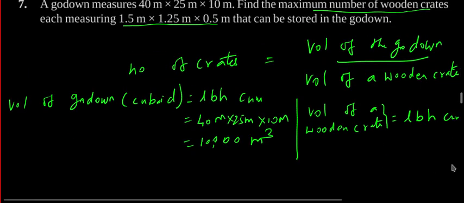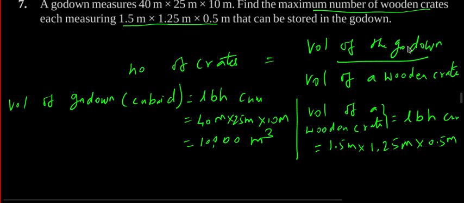So if we substitute the values here, we will get 1.5 meter into 1.25 meter into 0.5 meter. So this is the volume of the wooden crate and this is the volume of the godown.